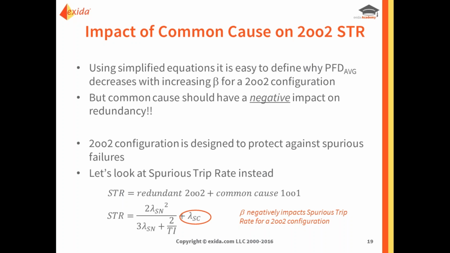And then it starts to make sense, because what we're seeing now is that common cause does have a negative impact, but it has a negative impact on the parameter that the configuration was designed to prevent.